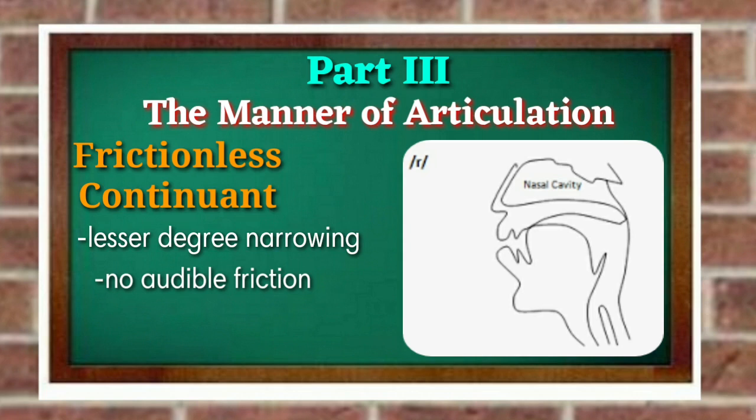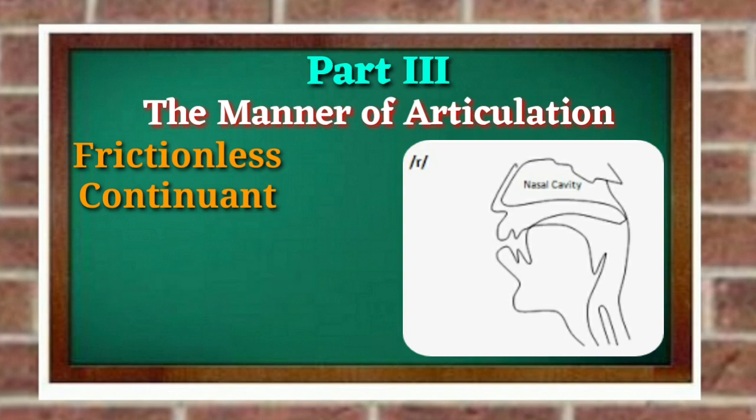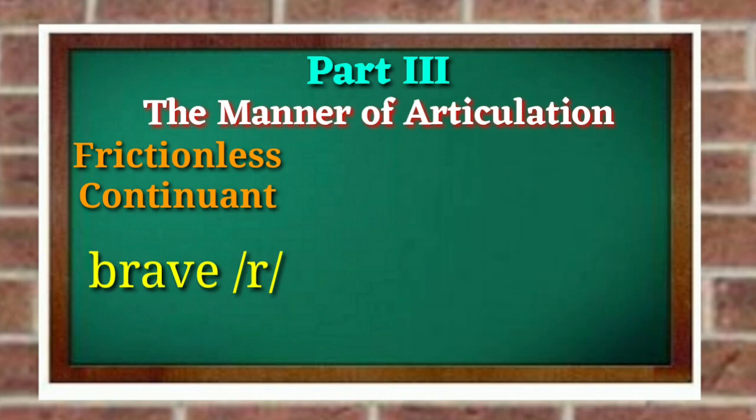They are frictionless and air escapes continuously, so continuant. Only narrowing is there between the two articulators, so such sounds are known as approximants or frictionless continuants. The English sound r in "brave", the English r, is called a frictionless continuant.